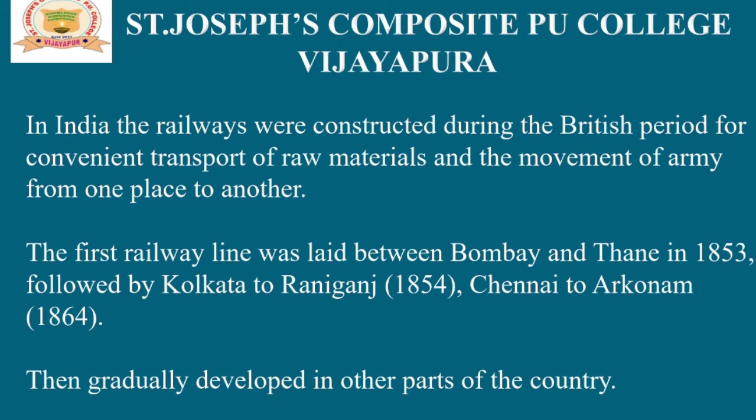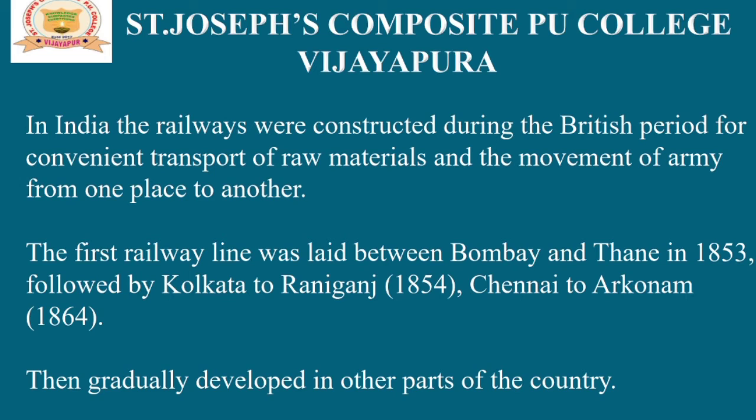Why? Because of the convenient transport of raw materials and also the movement of army from one place to another. So this was the major target of the setup of railways.